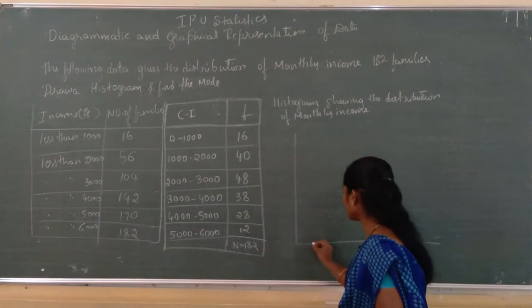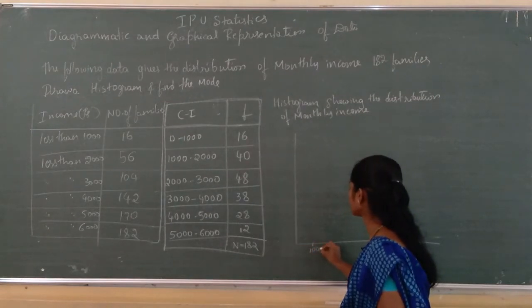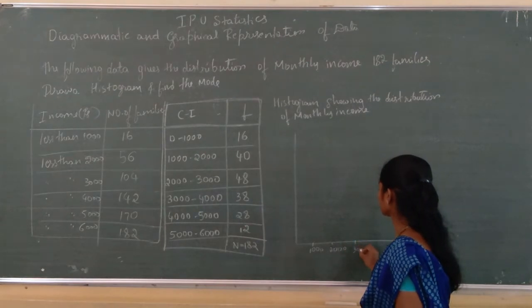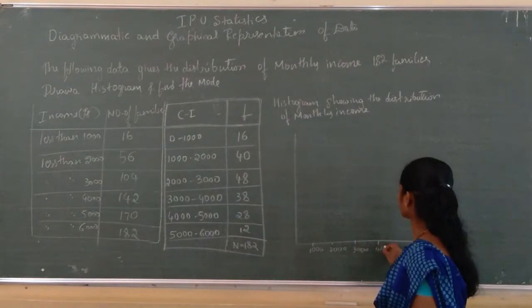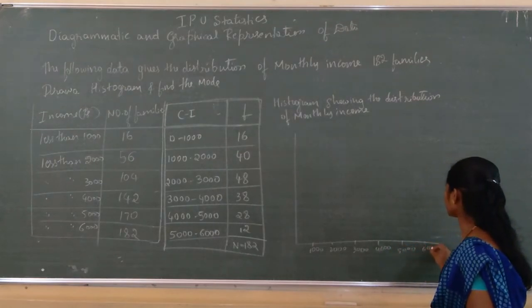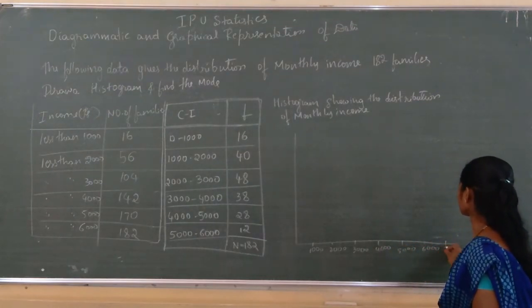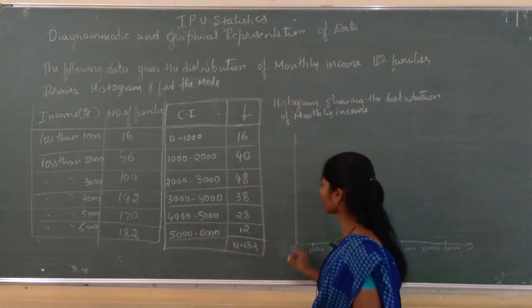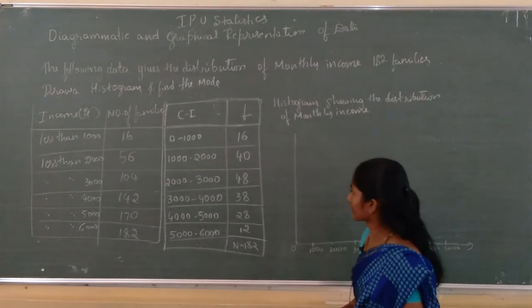We can take directly 0, 1000, 2000, no need to convert into midpoints, 4000. So this is the x axis, here 0, least value and highest value.